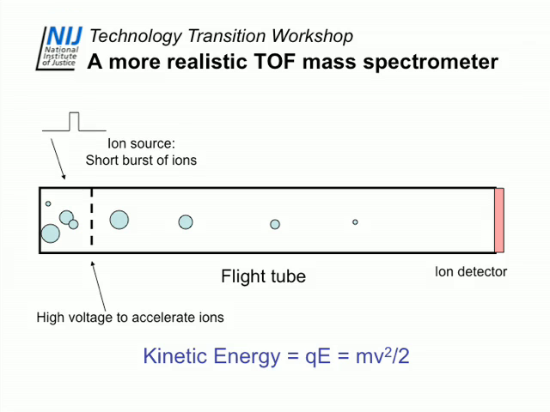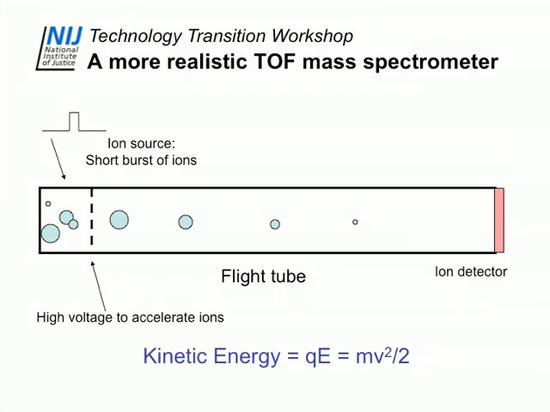Kinetic energy is 1/2 mv squared, but for charged particles, kinetic energy is just charge times the electric field. So if everything has the same charge, everything that leaves the ion source has exactly the same kinetic energy, but if the masses are different, the velocities have to be different to keep this constant. So the light ones get to the end first. So you do the pulse, you let the ions go through the flight tube, and then you have sort of a fast digital stopwatch on the other end and count when the ions arrive.